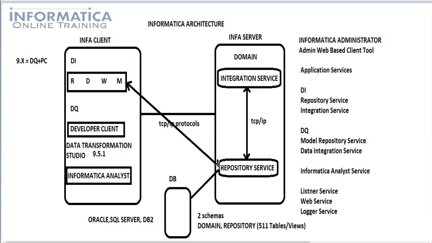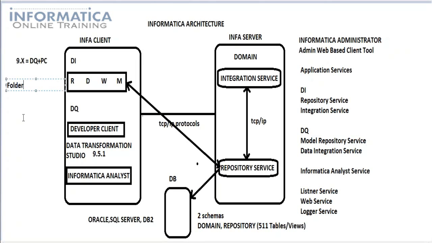When you log in, you can create all the ETLs. When you save them, every time the repository service stores the metadata of that object into the repository database. Let's say you have imported the source definition. So what is the first thing that you do?